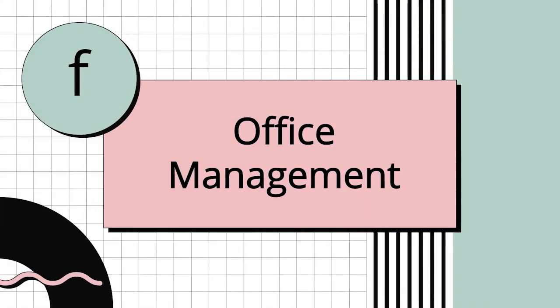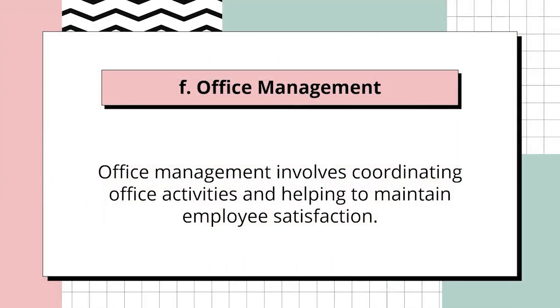Next one is office management. So, when it comes to office management, we're really talking about office efficiency and all the aspects that factor into the effective performance of office work. So, office management involves coordinating office activities and helping to maintain employee satisfaction.